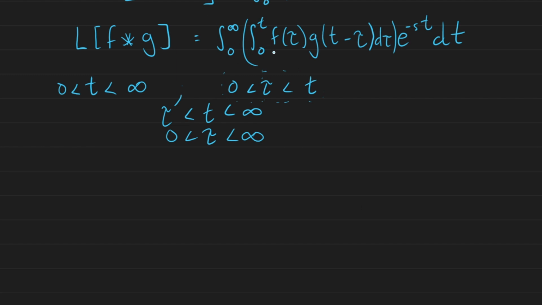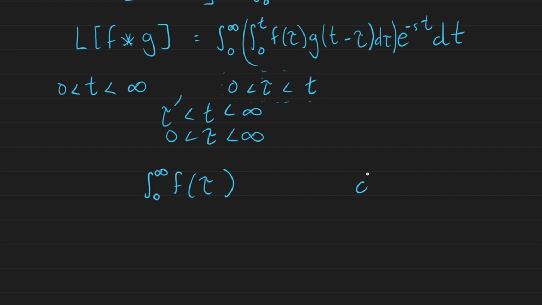So we swap these integrals now. We have this integral from 0 to t, no longer 0 to t, so it's going to be 0 to infinity, with respect to tau, and we're making tau the outside integral. However, f of tau can actually come out because it is only with respect to tau. We can write that, and then d tau becomes the outside integral.